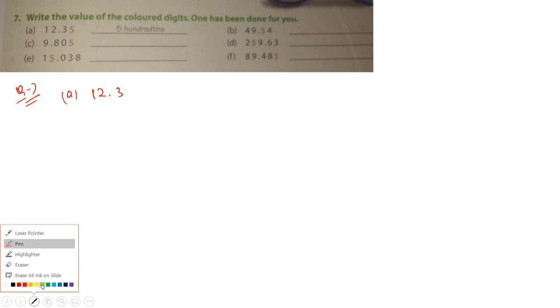says, it is question 7, and it says write the value of the colored digit. One has been done for you, part A. So 12.3, and the colored digit is 5. Okay, so I'm writing 5 with green. So we have to write the value for the green digit, means 5.